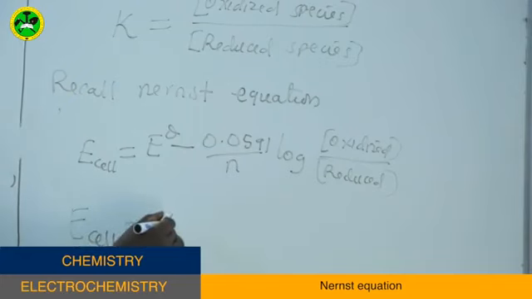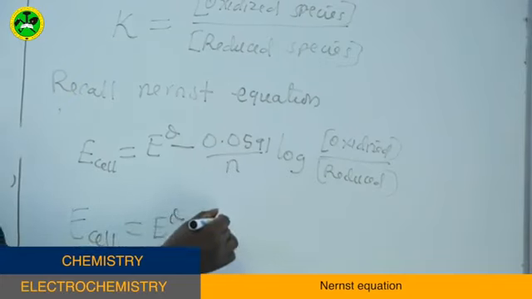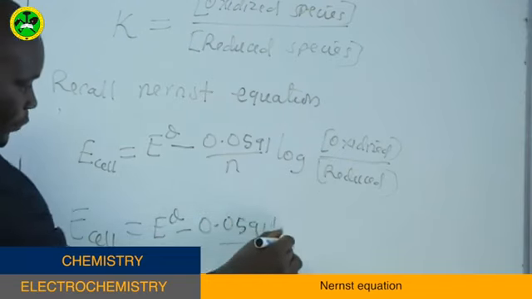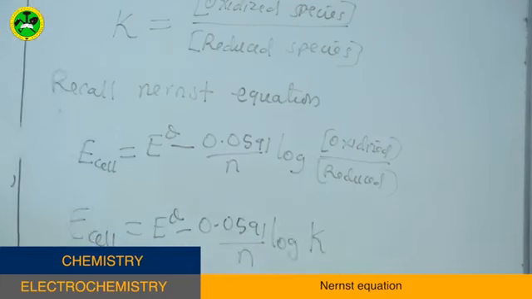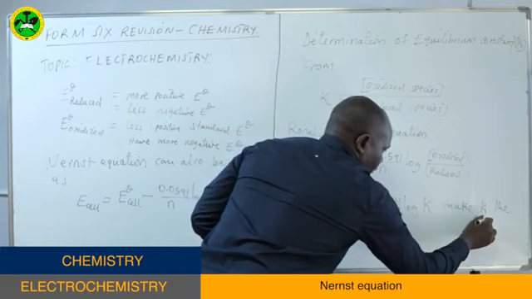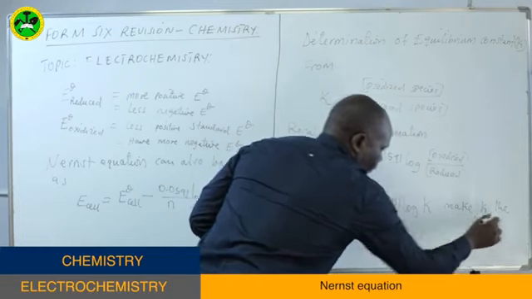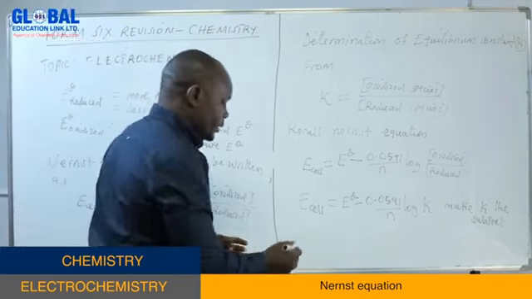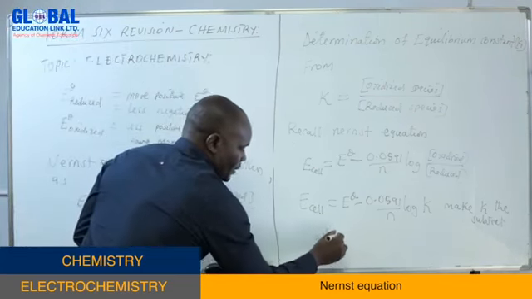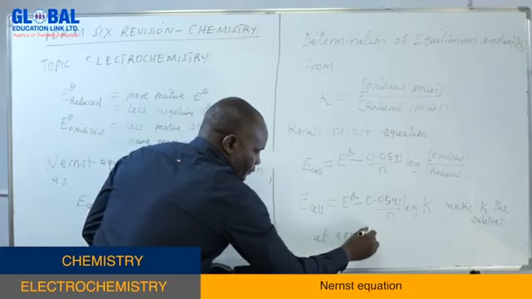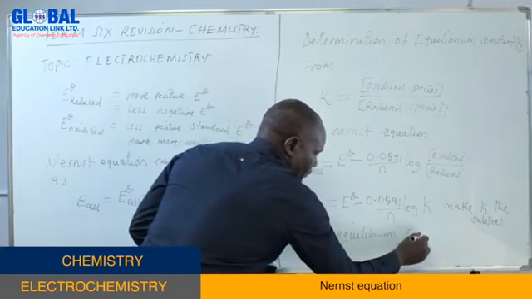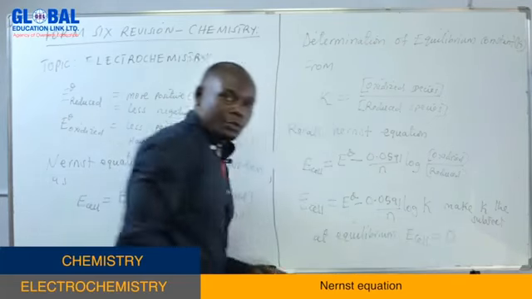So let us make the equilibrium constant the subject, because that is the one we are now looking for. Making K the subject, you remember, my dear students, that at equilibrium the E of a cell is equal to 0.